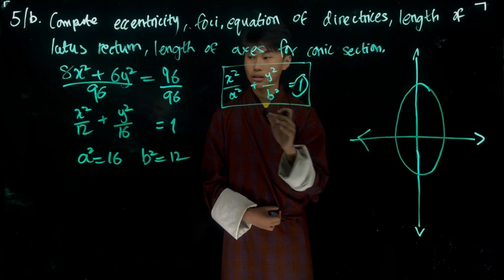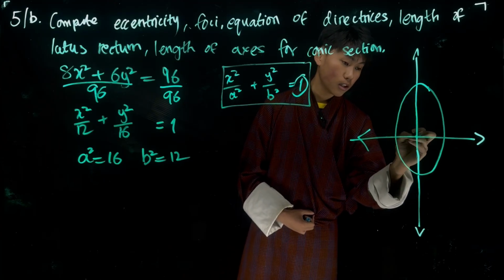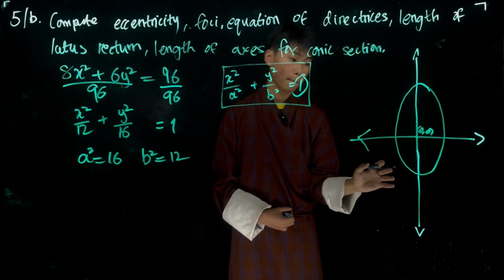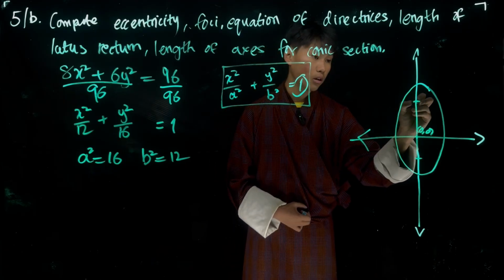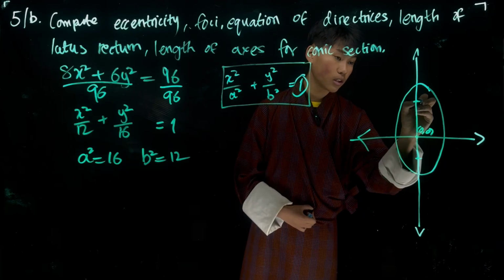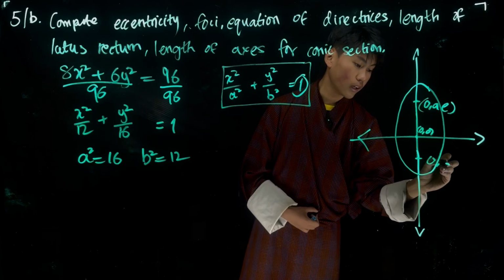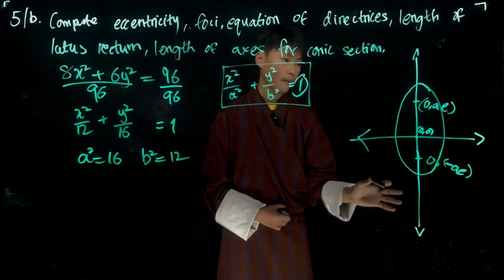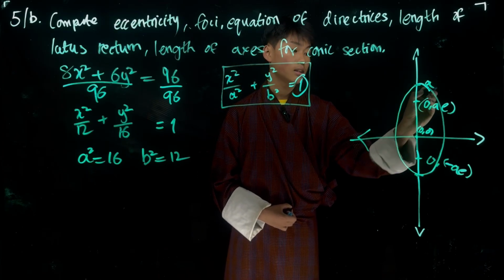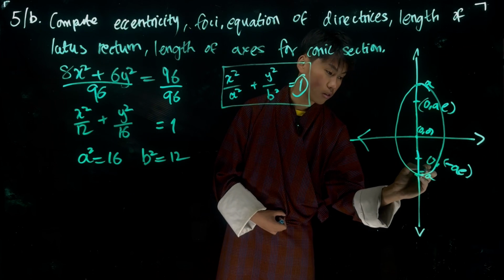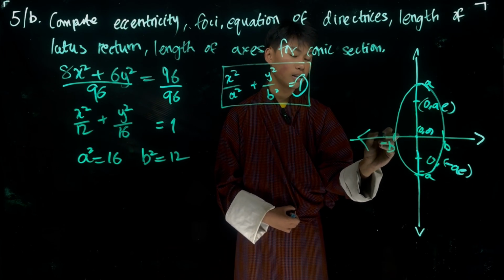Now, we all know that for the standard equation, the center of the ellipse will be located at the origin. Additionally, we know from the diagram that the foci of the ellipse will be located at (0, ae) and (0, -ae), and the vertices will be located at a and negative a, and these points will be located at b and negative b.